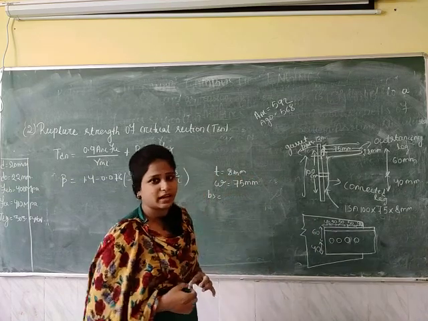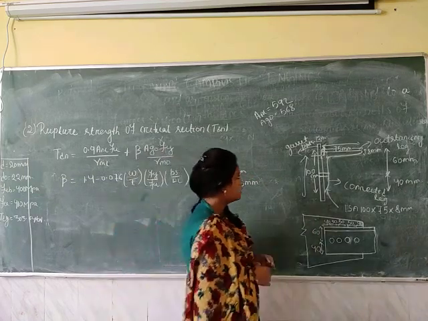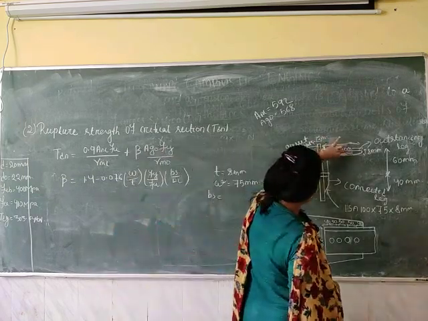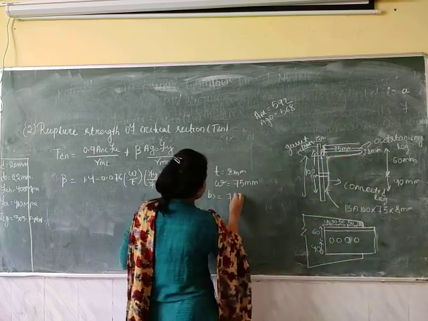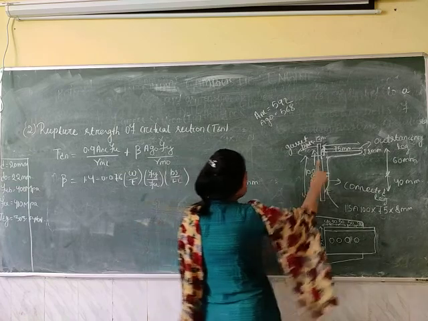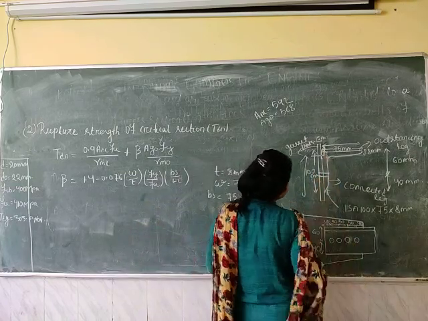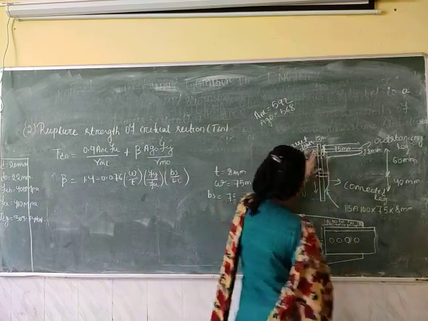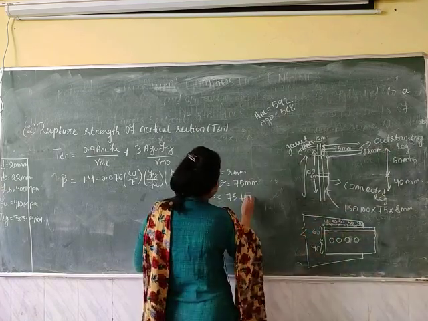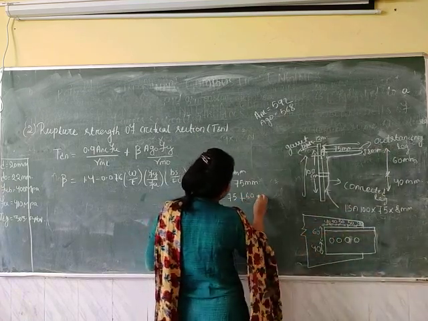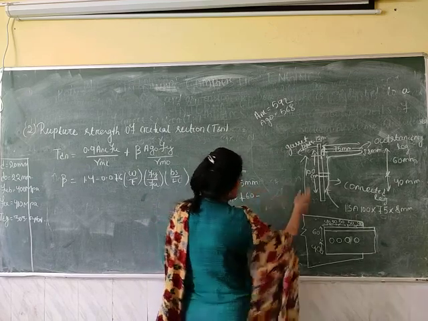The shear lag effect I have already discussed. So this total leg width is 75 and this total length is 60 mm. This width is given, that is 60 mm. Then minus thickness. So this is the gauge distance.